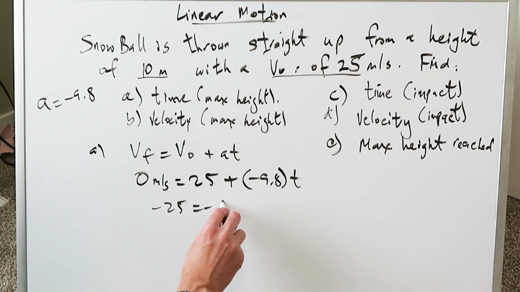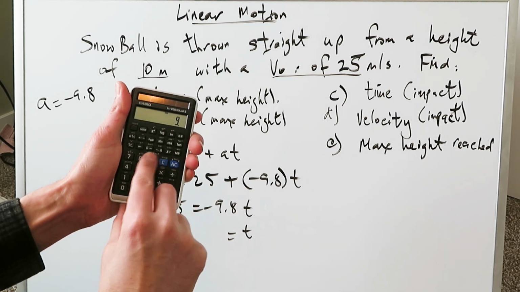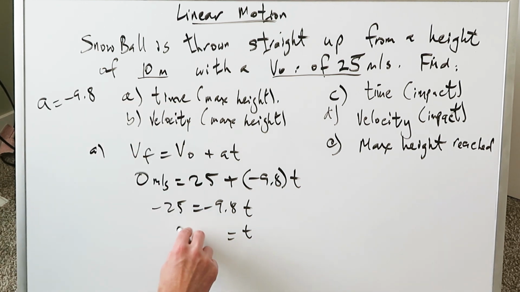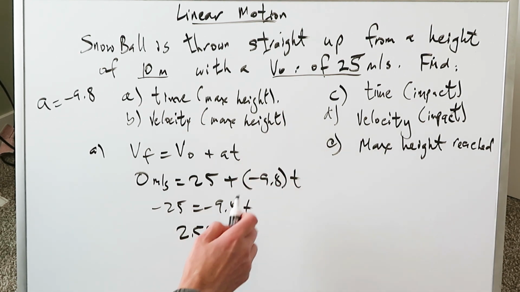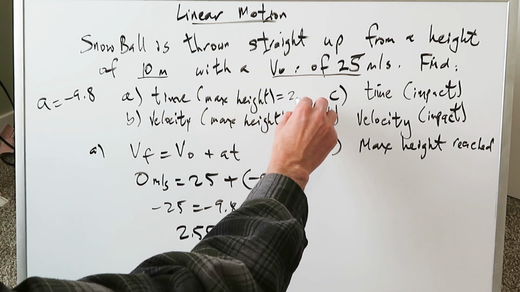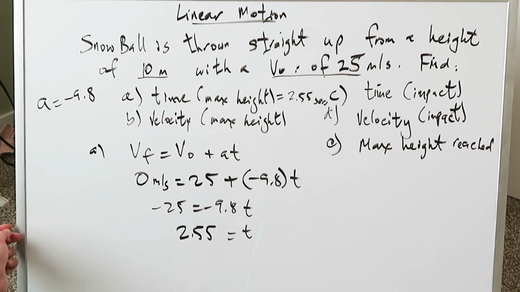Minus 25 is equal to minus 9.8 t, and t is equal to 25 divided by 9.8, which gives 2.55 seconds. So when the snowball is released, after 2.55 seconds it reaches its maximum height, and then it'll start turning down and head in the opposite direction towards the earth. So we'll put here 2.55 seconds. So that question has been solved and it wasn't too hard.